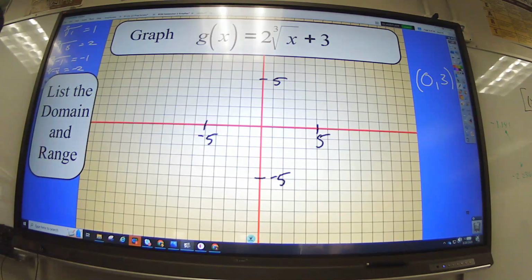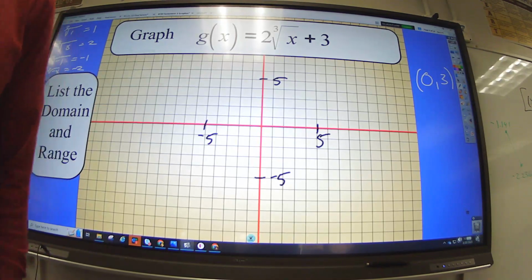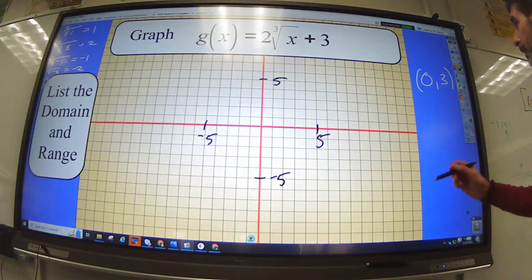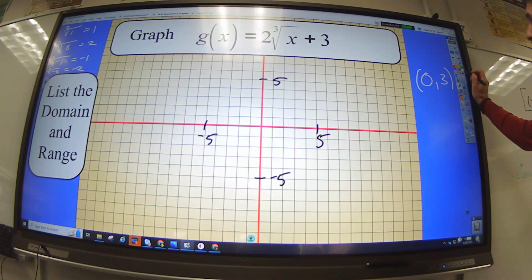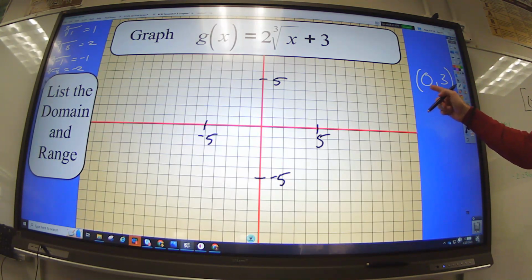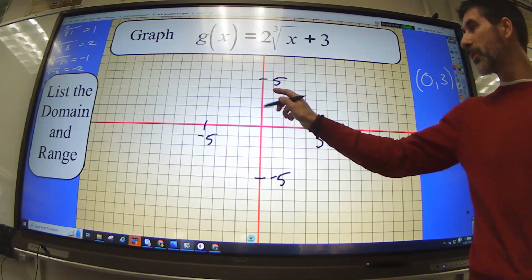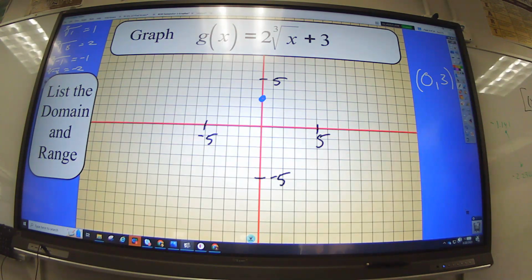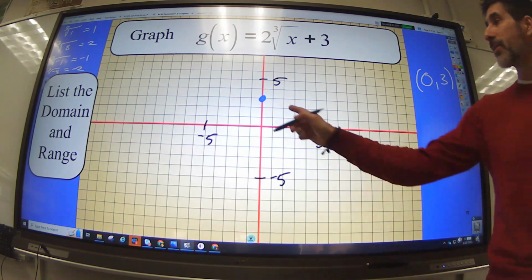All right? So, zero, 3 is my vertex. 0, 1, 2, 3. I got it right there, right? Then I get the cube root of my numbers that I go across.